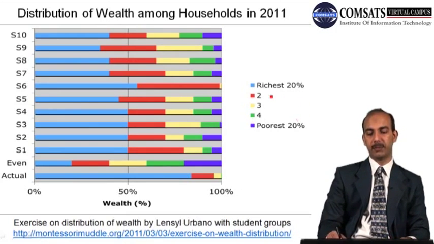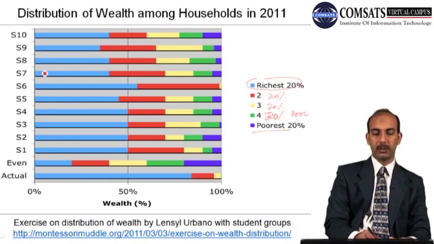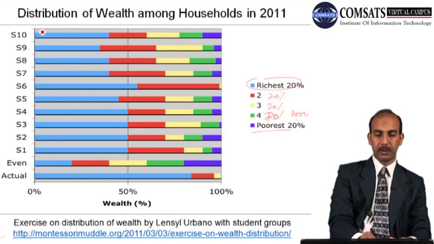So it has been divided among the richest 20%, then the next 20%, the rich people, and then the middle class, who are not rich, not poor, and then the poor, the next 20%, and at the bottom, these 20% are the poorest.